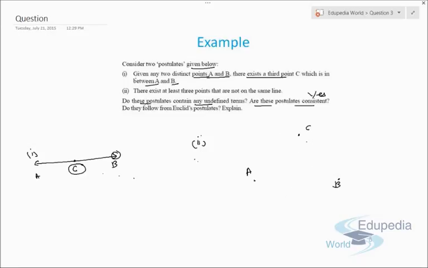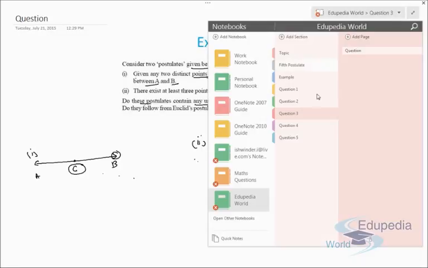So we can say that these two postulates do not follow Euclid's postulates. However, they follow axiom 5.1. So this is how we can solve question number 3.